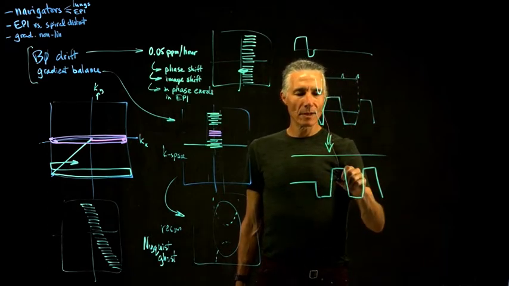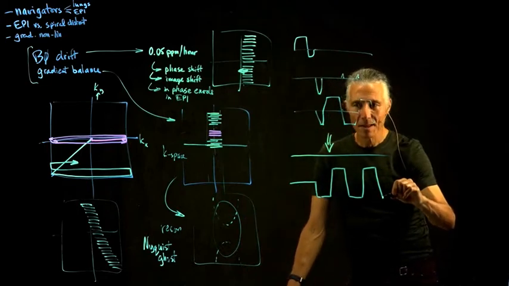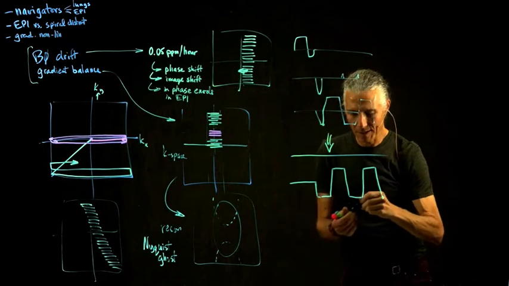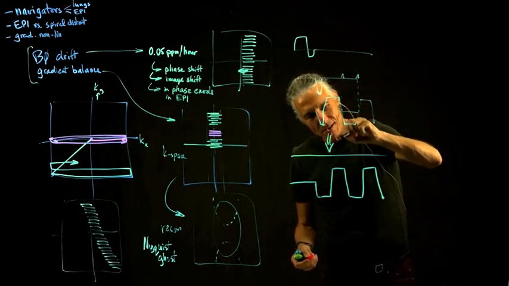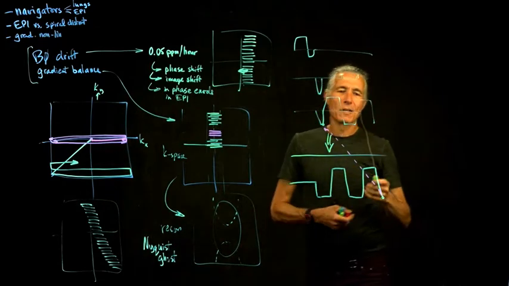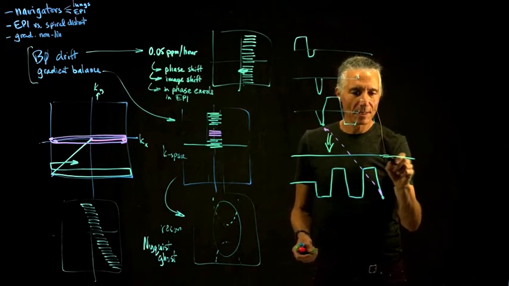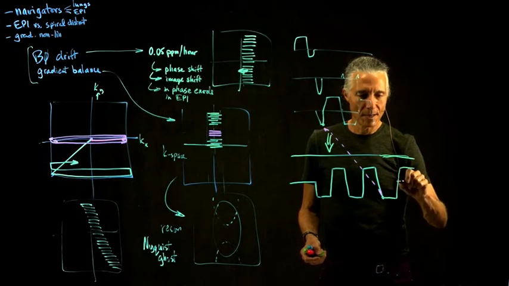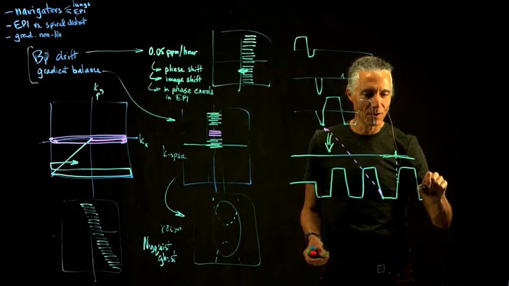So here, no blips, and now you're at this point. And then you can start turning the blips on. No blips until you're at this point, and then start turning them on right here. So it's a trivial difference in the scan.